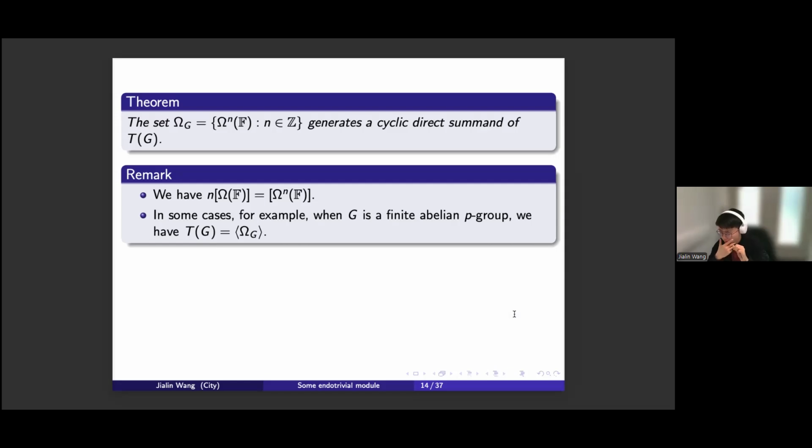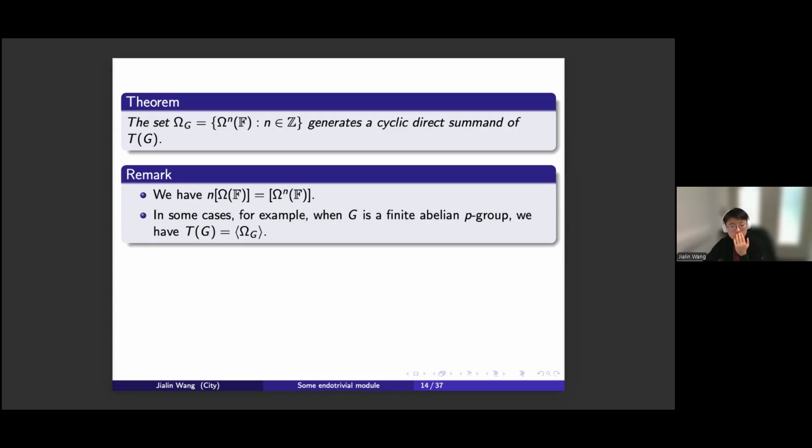Oh yeah, that's a good question. I think there are both cases, if I remember correctly, but I need to check. It might depend on the order of G. We are always assuming p divides the order of G. Yes, of course. But I think it depends on what kind of p-group G is. Right. Okay.